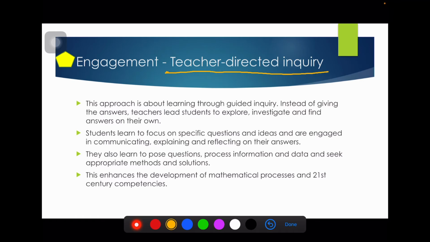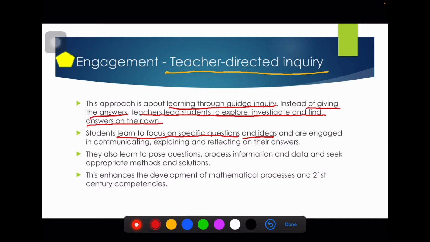Teacher-directed inquiry. So this approach is about learning through guided inquiry. Instead of giving the answers, teachers lead students to explore and investigate and find answers on their own. So the students will learn to focus on specific questions and ideas, and are engaged in communicating, explaining, and reflecting on their answers.